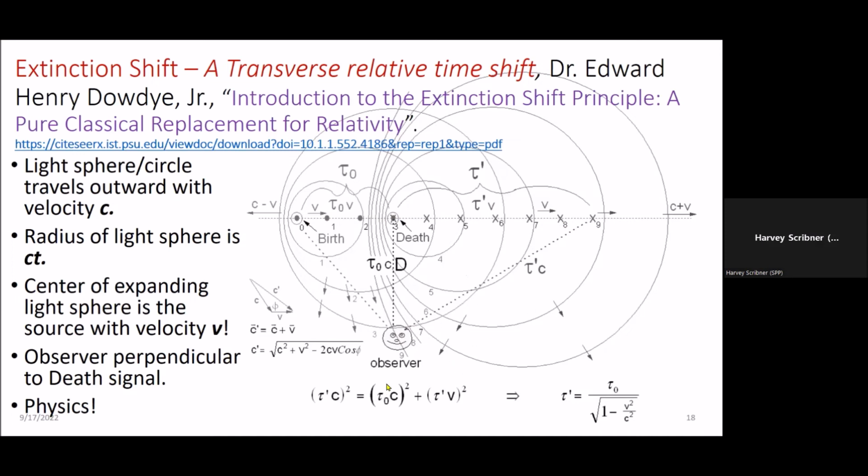So the time delay from the observer's perspective is 6 seconds, which looks like time dilation. However, if you use the Pythagorean theorem over here, tau prime times v, squared, is this distance, plus tau naught c in this direction, because remember the signal expands away from the source at c, equals the sum of those two, equals tau prime c, which is this right here.